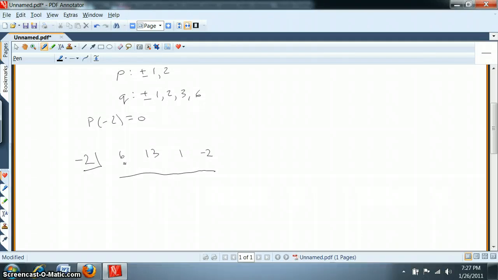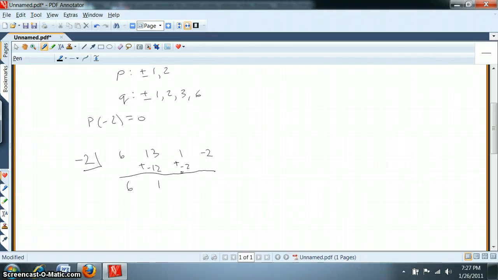We take the first coefficient, it just comes down, so it's actually 6. And then we multiply negative 2 by 6, which is negative 12. Then we want to add the corresponding coefficients. So 13 plus negative 12 would be 1, and then we repeat the process. Negative 2 times 1 is negative 2.